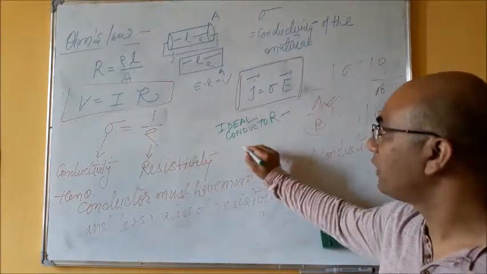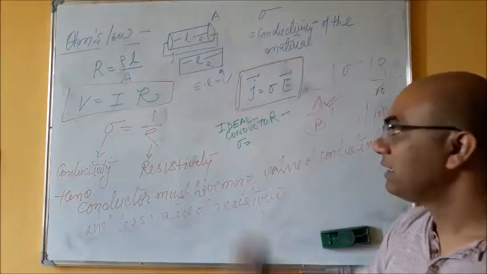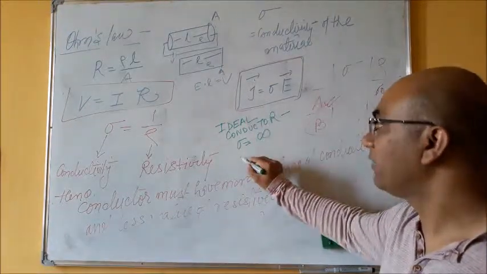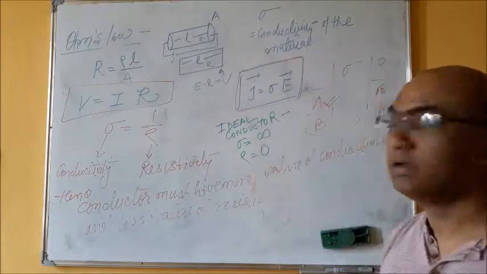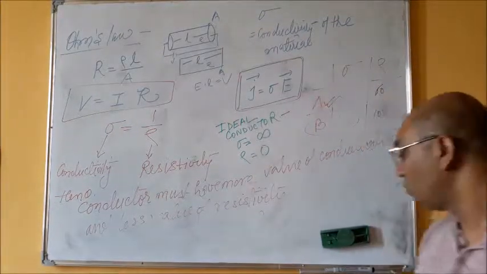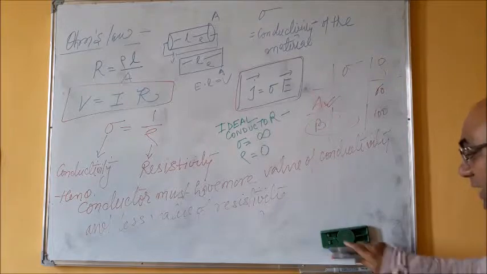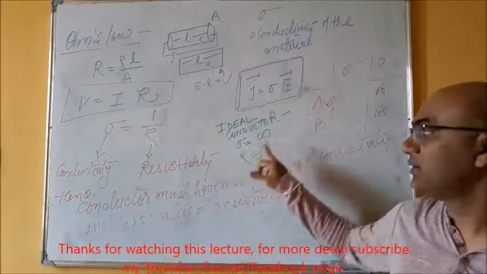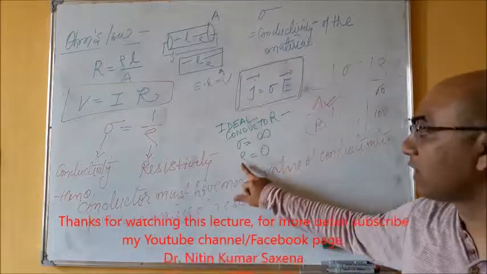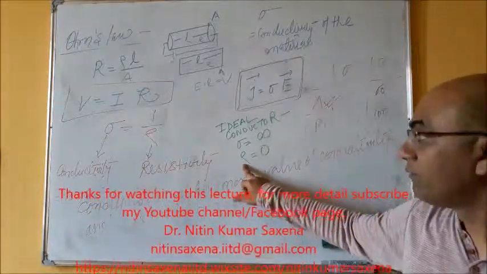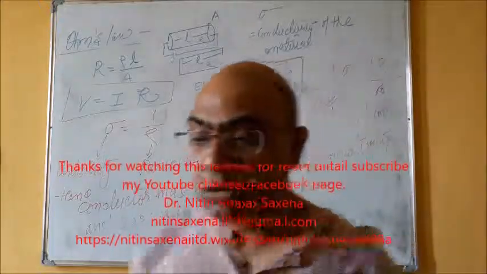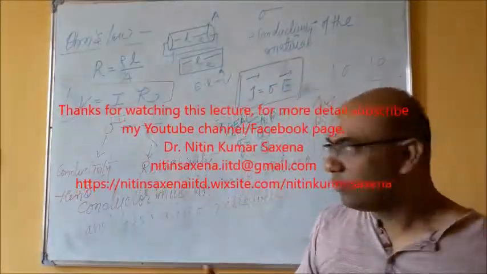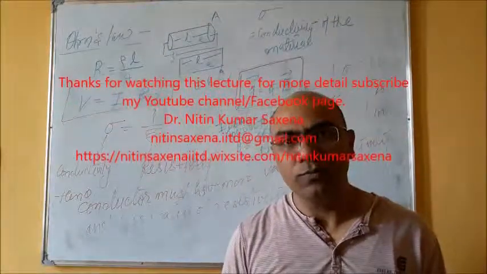This can be defined as the value of sigma being infinite and the value of resistivity rho being 0. This may be a good question that anyone can ask you: what is the conductivity for an ideal conductor? Infinite. What is the resistivity for an ideal conductor? 0. I hope the concept of Ohm's law is also clear to you.